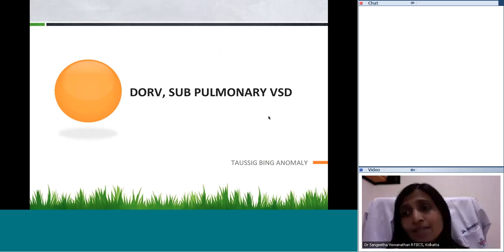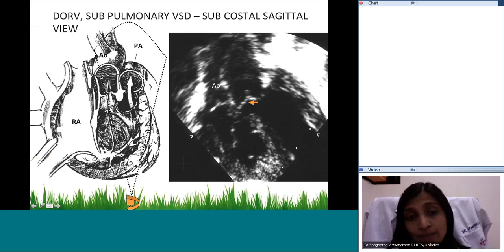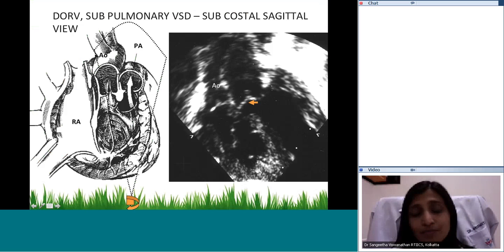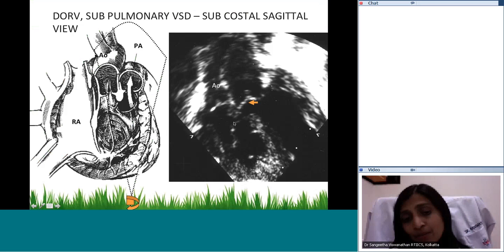So the next subgroup is our double outlet right ventricle with subpulmonary VSD, and when there is a malposition of the aorta, it is called a Taussig-Bing anomaly. And here you can see from this illustration that the VSD is now subpulmonary, and from your subcostal sagittal view, you can see how the VSD now opens beneath the pulmonary valve.